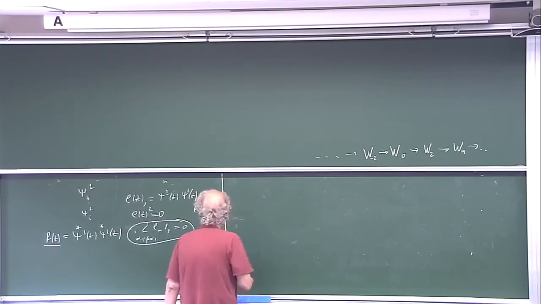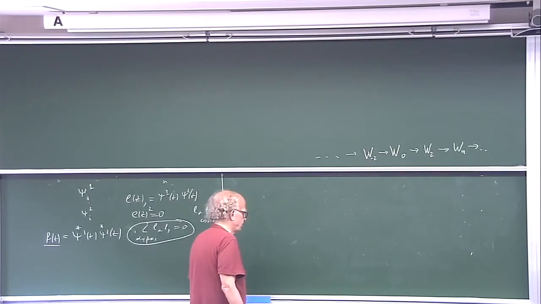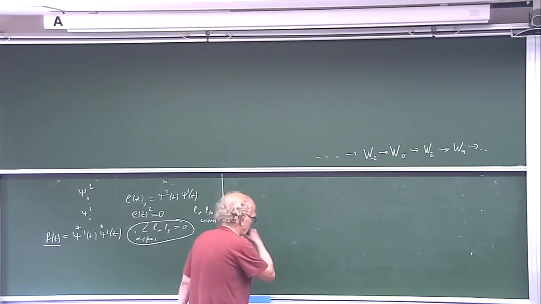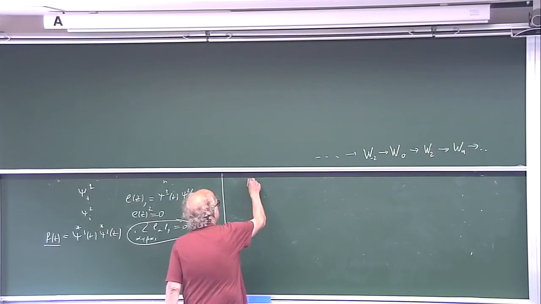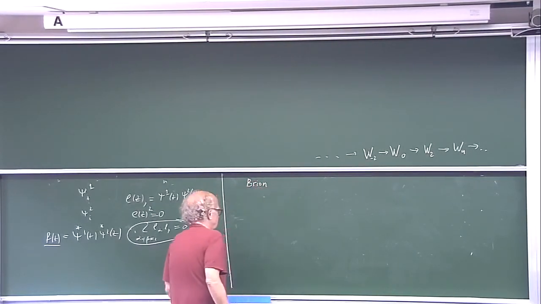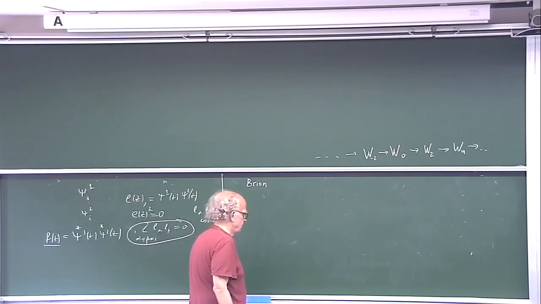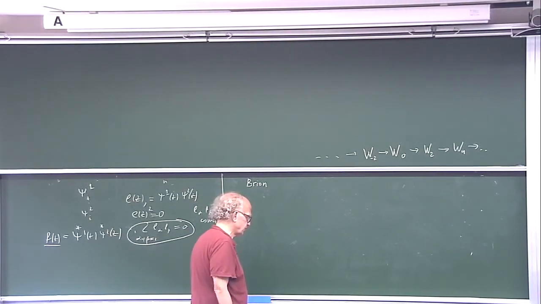Or if you have such a description, you can derive it from combinatorics, from the Brion theorem, which is pure combinatorics, and he used it in some toric geometry and things like that.